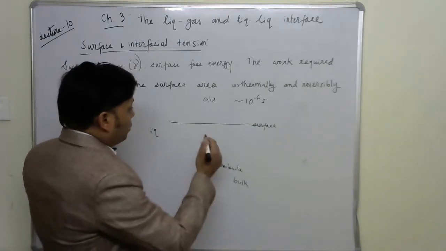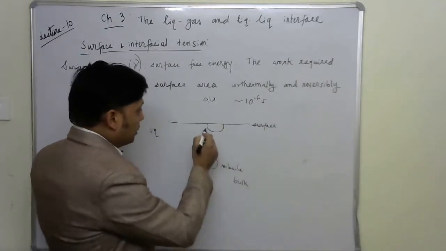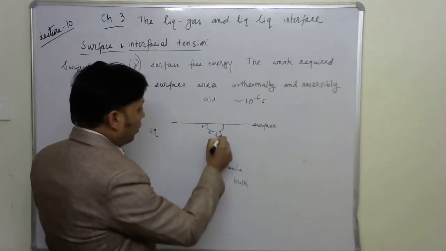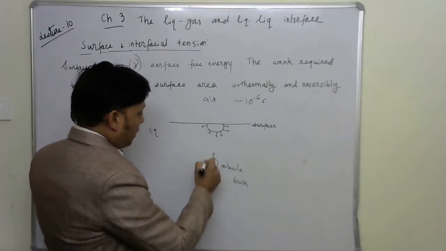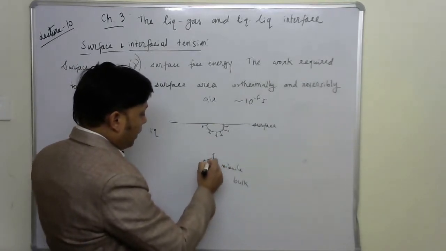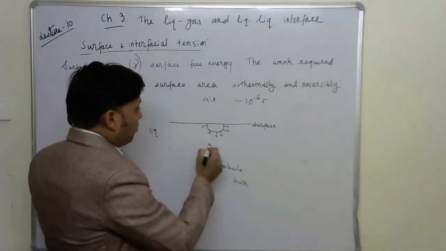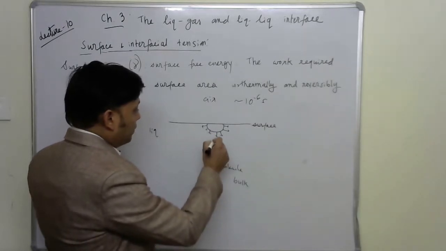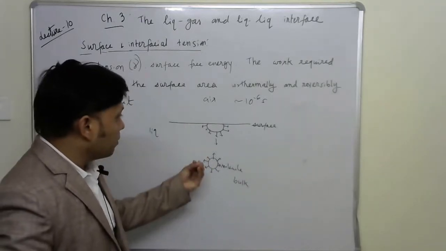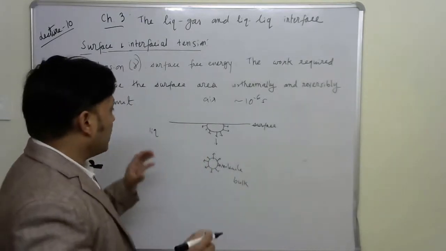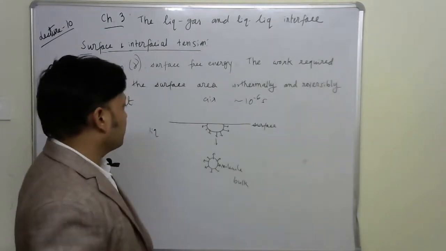As I have already told you, the origin of surface tension is the unbalanced intermolecular force. In the bulk, the molecule faces intermolecular forces of attraction from all directions. The unbalanced force at the surface tends to pull the surface molecules towards the bulk, and the surface tends to contract. That is the origin of surface energy or surface tension.